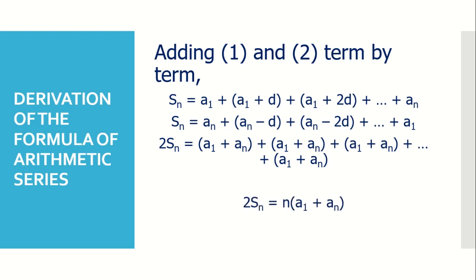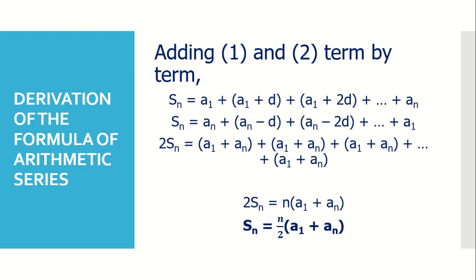As you have noticed, we have repeating terms here. We have a sub 1 plus a sub n. So we can simplify this as 2S sub n equal to n times the quantity a sub 1 plus a sub n. Then we apply again our multiplication property of equality to eliminate the 2 beside S sub n.